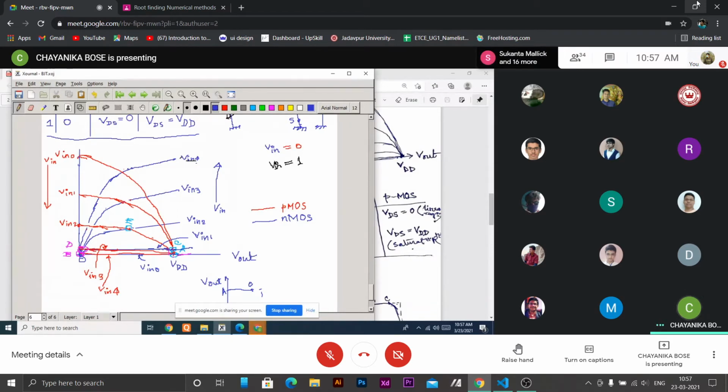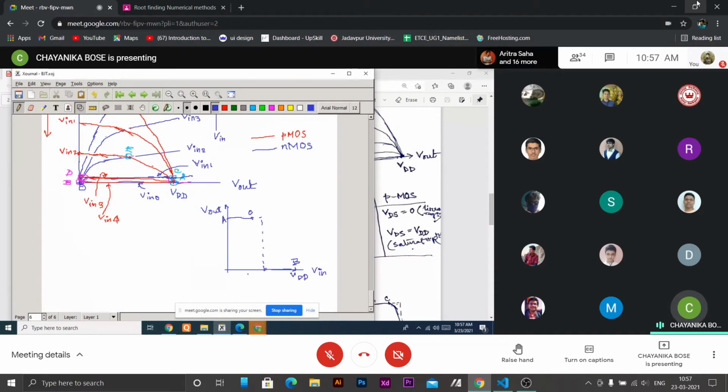It originates from this VDD and goes like this. So they intersect at point B. So this is the BD region, more or less it remains 0. So it will be like point B here. This is point B.